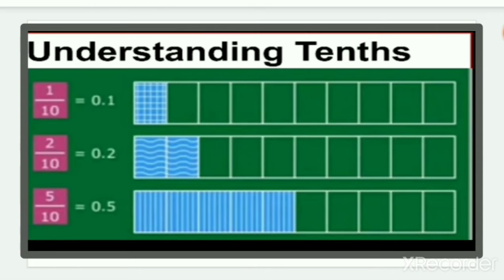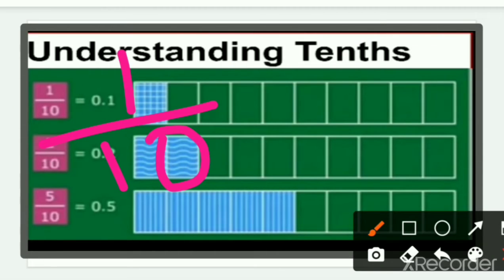So to write 1/10 in decimal form, what do you have to do? I have already discussed with you that it is better either you divide it or you learn the tricks.